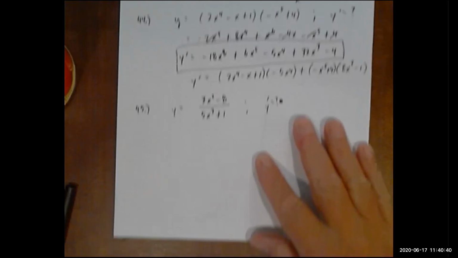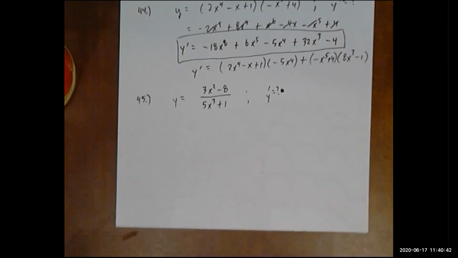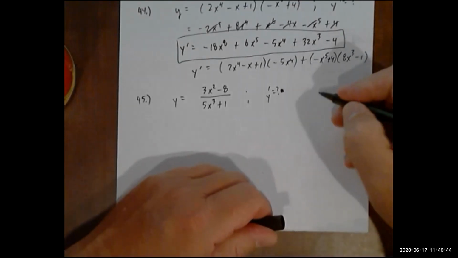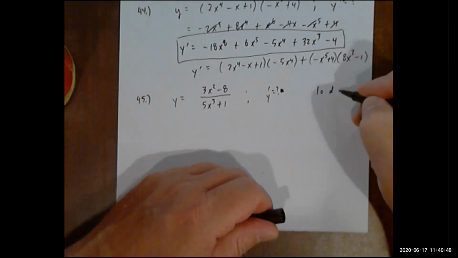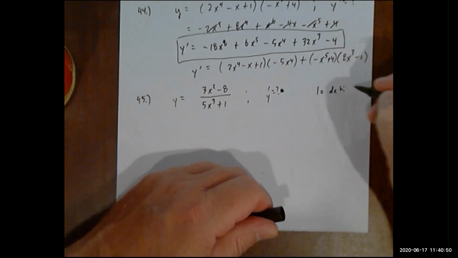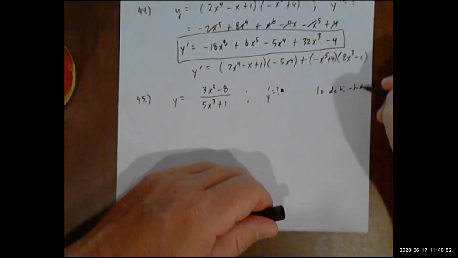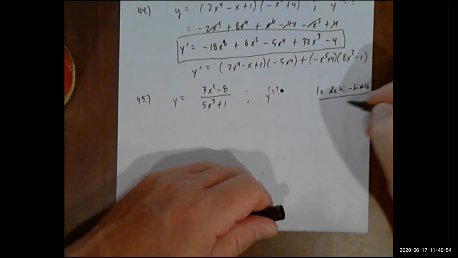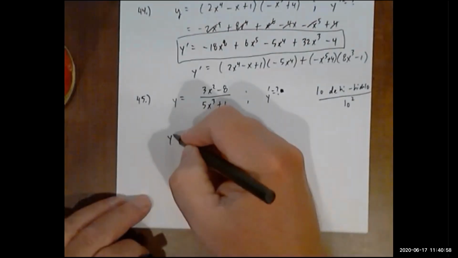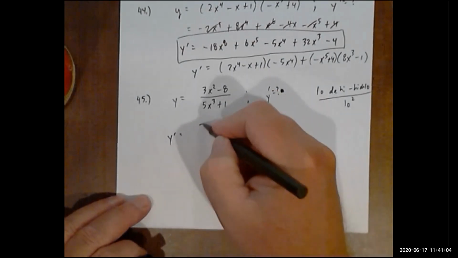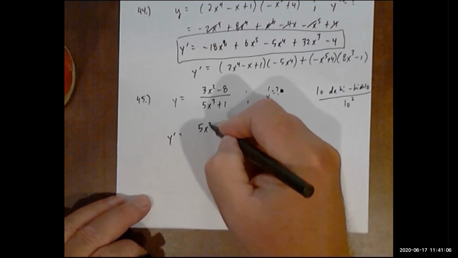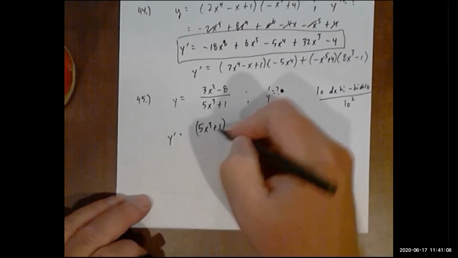All right, quotient rule. Remember the little saying? Low d high minus high d low over the low squared, right? Low, so I copy down what's in the bottom.